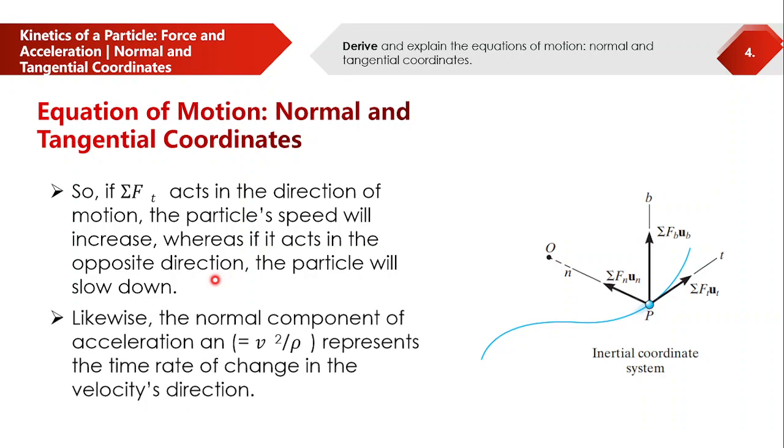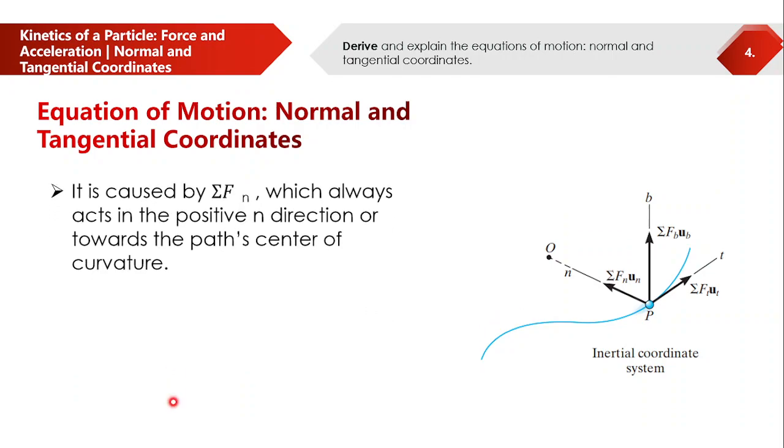Likewise, the normal component of acceleration, a sub n equal to v squared over rho, represents the time rate of change in the velocity's direction. So direction is what matters for the normal component. It is caused by all forces along the normal component, which always act in the positive n direction, or towards the path's center of curvature, the center of the curve.